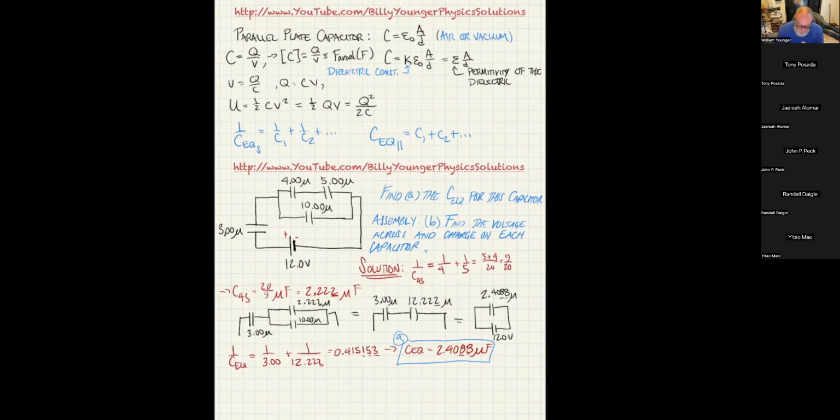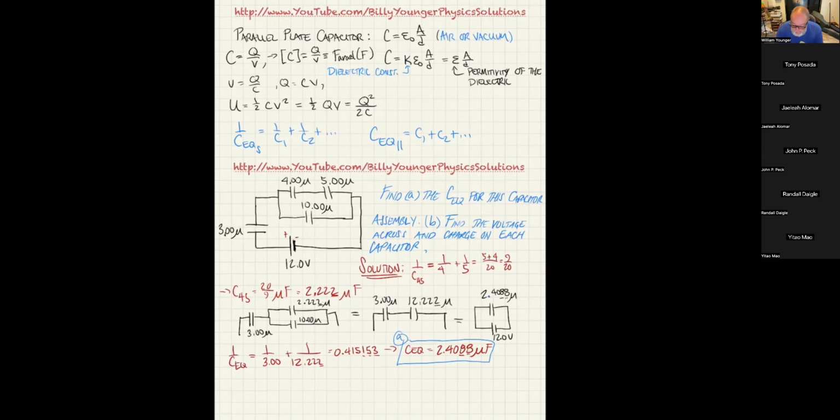And according to the definition of capacitance, we know that the voltage ultimately is going to become 12 volts. And then the Q can be found by multiplying the capacitance times the voltage.